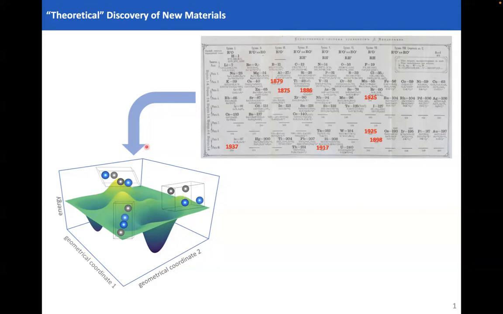Exploring this potential energy surface can result in finding various minima, global minimum or local minima of the surface, which correspond to the stable and metastable phases of the chemical compound that we are interested in.